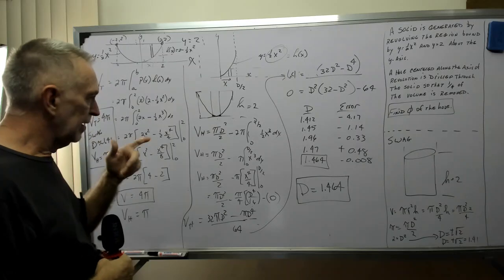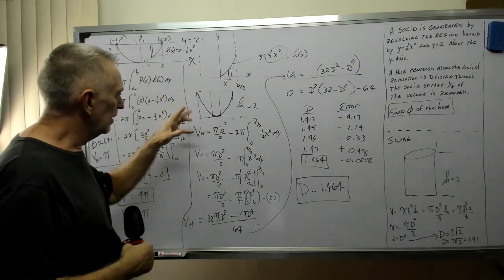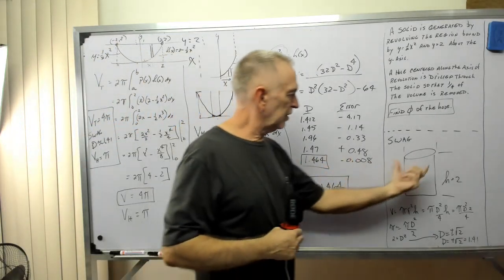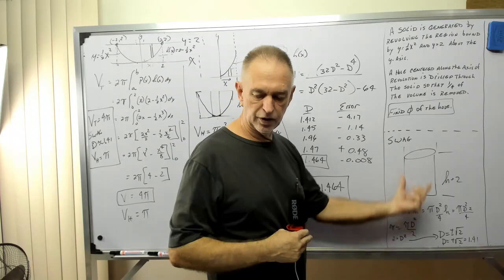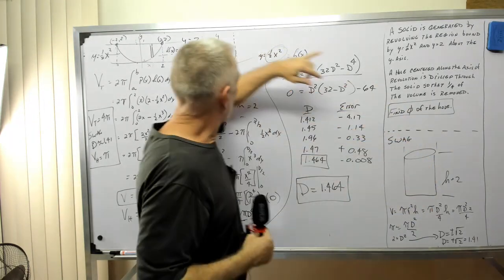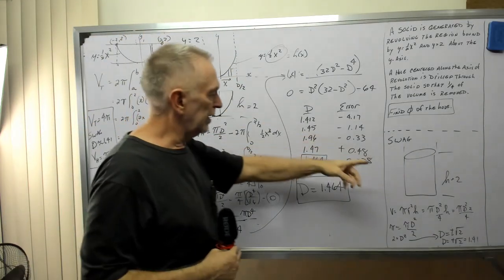Now at that point, I had to think about, if I just drill a hole, this cylinder represents the hole that I've drilled. I know the height is 2, so h is 2.